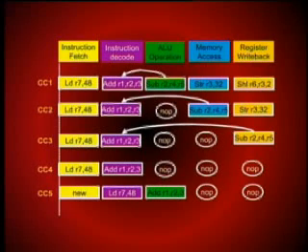In the next clock, CC2, the shift left instruction moves out of the pipeline and the store instruction moves from memory access to the register, and so the subtract is in memory access.